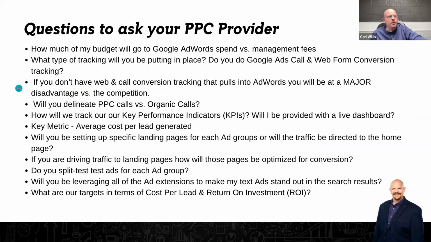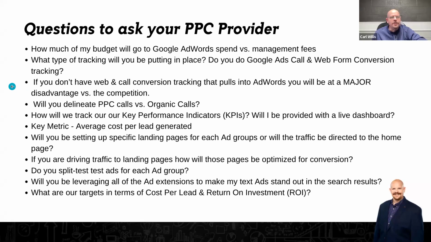So here's some questions you want to ask your pay-per-click provider. How much of my budget will go to Google AdWords and my ad spend versus management fees? When we talk about management fees, there's really two variations you find in the marketplace. There is flat rate, which is what we do. We just charge a flat rate, and we manage the ads as part of that.